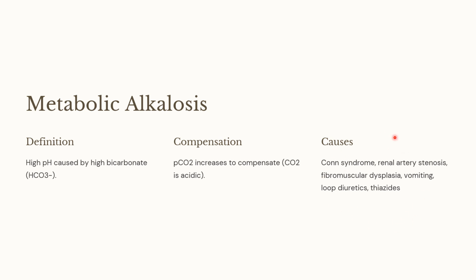Because of the water retention in all these conditions, more sodium is absorbed and there is increased excretion of potassium as well as hydrogen. Since hydrogen is acidic and is lost, we have metabolic alkalosis, and there are also high bicarbonate levels.